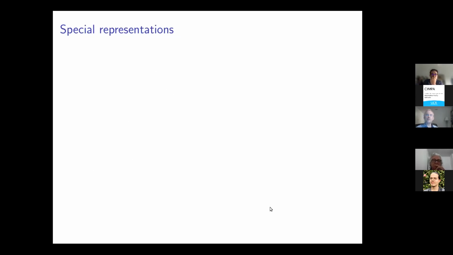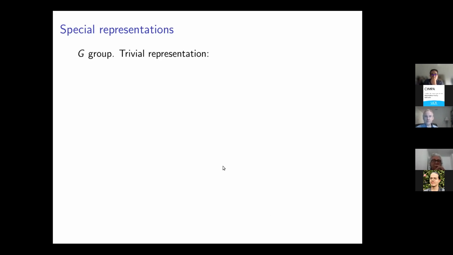Now for groups, there are two special representations. And if we go now over this slide, keep in mind that we had already a kind of associative law for representations, which led us to the co-associativity for the corresponding coproduct.